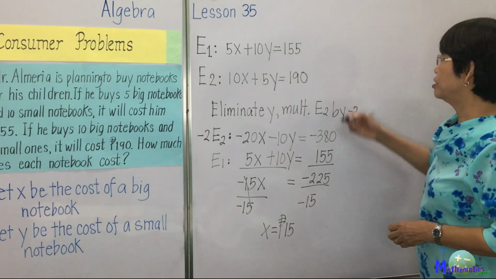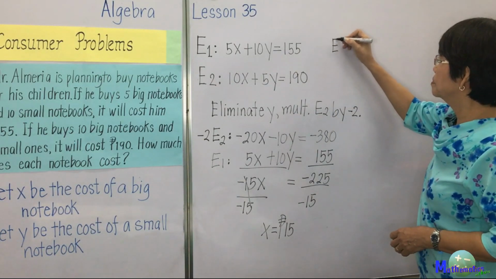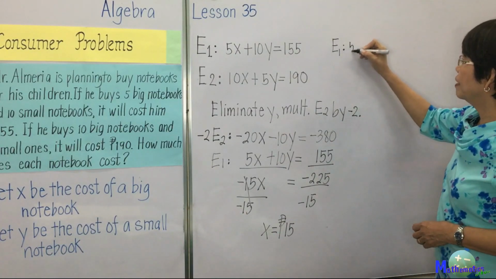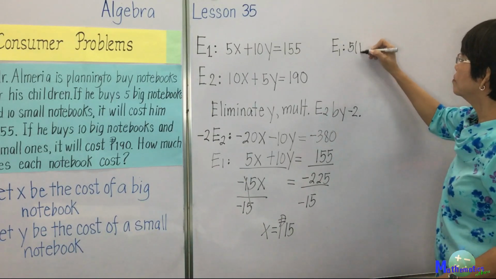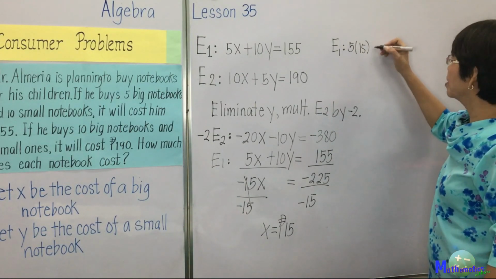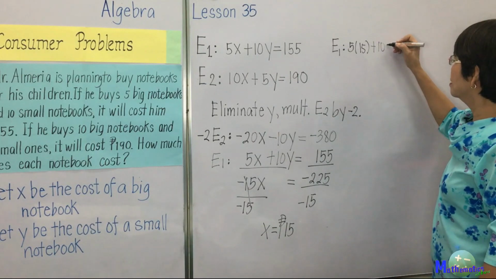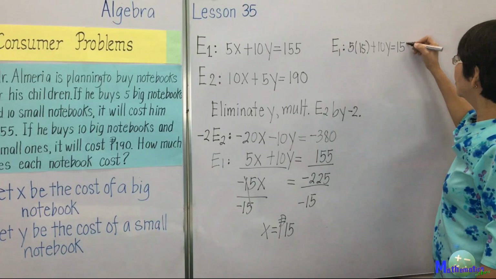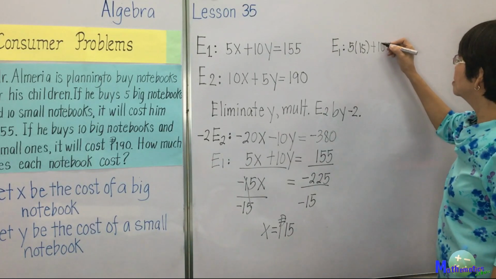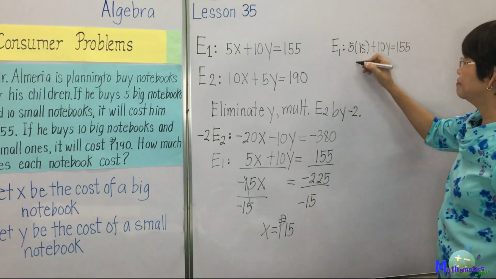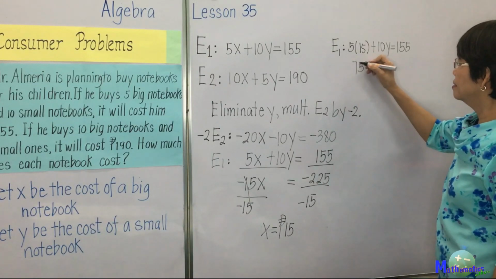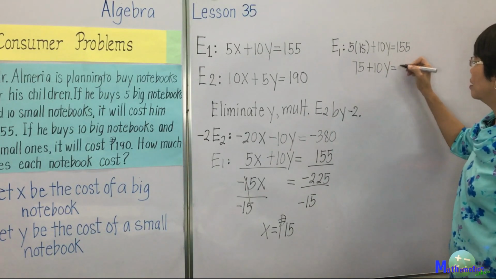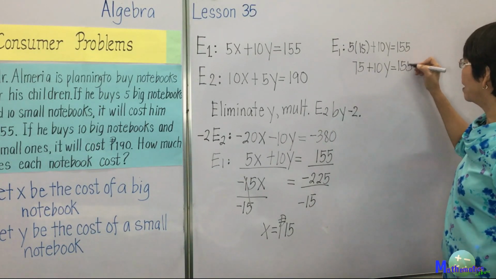And then we will substitute the value of x to any of the two equations. And let's use equation 1. So, 5 times the value 15 plus 10y is equal to 155. So, 5 times 15 is 75 plus 10y equals 155.